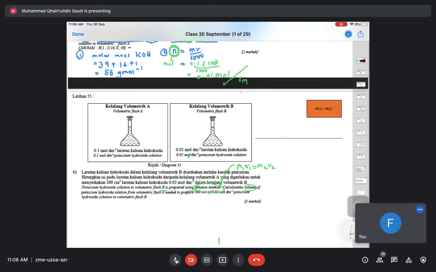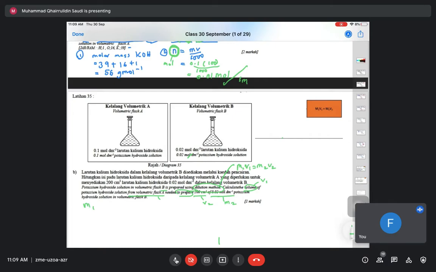Calculate the volume of potassium hydroxide solution from volumetric flask A. Maksudnya dia nak V1, to prepare 200 centimeter cube of 0.02 mole per dm cube. So to prepare, meaning this is our V2, this is our M2.